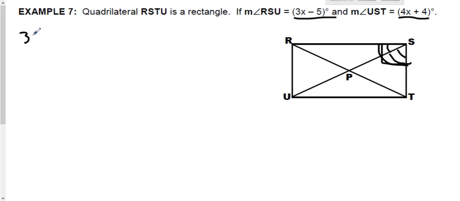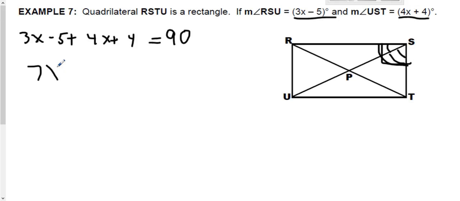So we have 3x minus 5 plus the other piece, which is 4x plus 4, equals the 90 degrees. So 3x plus 4x makes 7x.